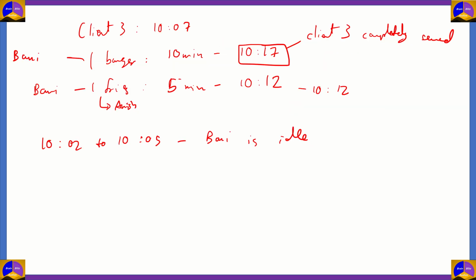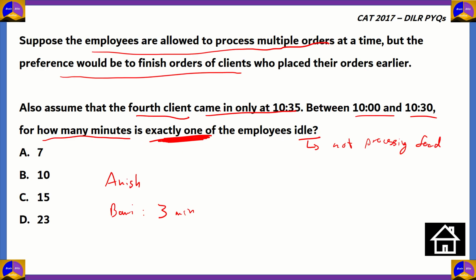So Anish would end working on the first burger for client 1, and client 3 ends their order at 10:17. So Anish is idle during this time. So Anish has 7 minutes, Bani has 3 minutes.